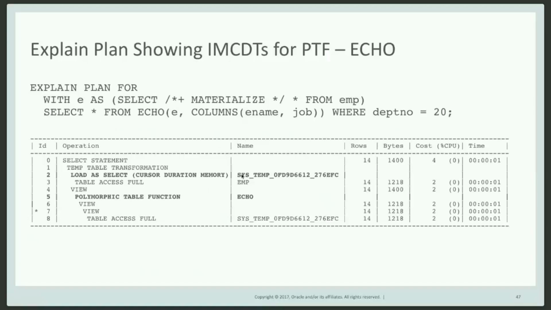Hence, you pick up the fact that you have this reusable component, established as a polymorphic table function, and you reuse it with cursor duration temp tables. It will happen automatically for you. There are no additional changes that you need to make to your PTF to inherit the ability to leverage cursor duration in-memory temp tables. It just happens automatically.